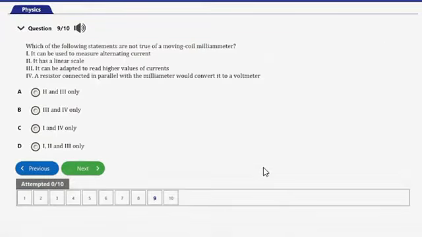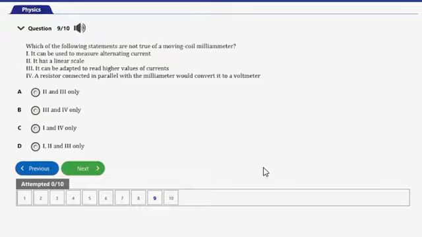It says, which of the following statements are not true of a moving coil milliammeter? So guys, this moving coil milliammeter is the galvanometer, and we have options here. I says it can be used to measure alternating currents. II, it has a linear scale. III, it can be adapted to read higher values of current.